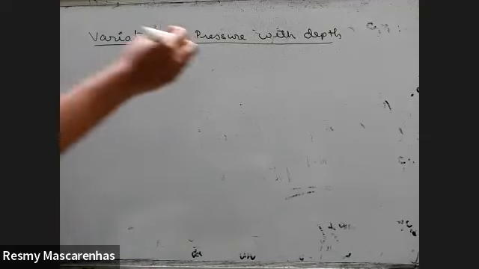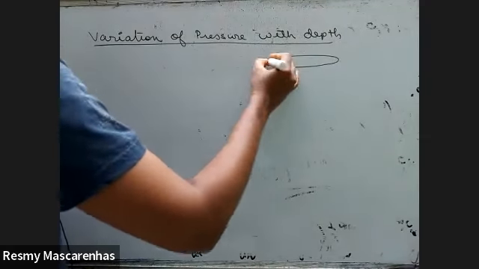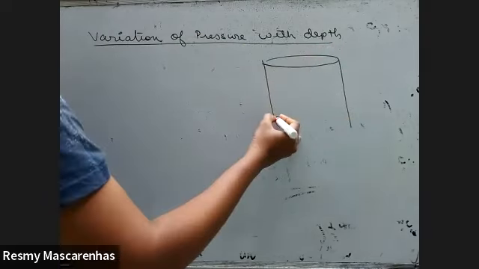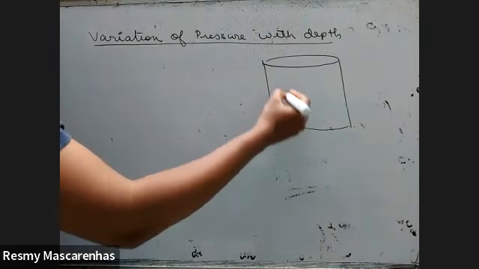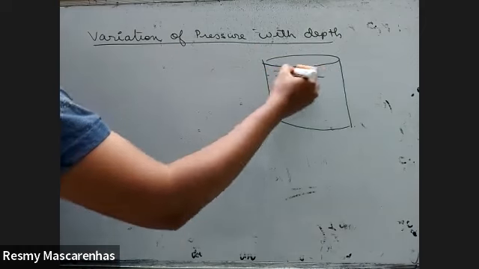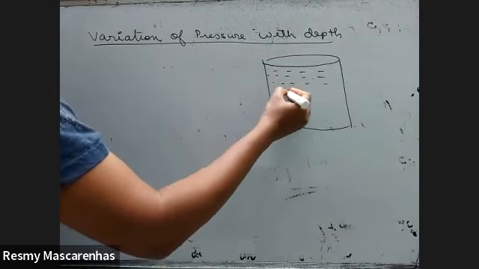So for that, we'll just draw one diagram. Okay, so this is a container. In this, we will assume some fluid is there.